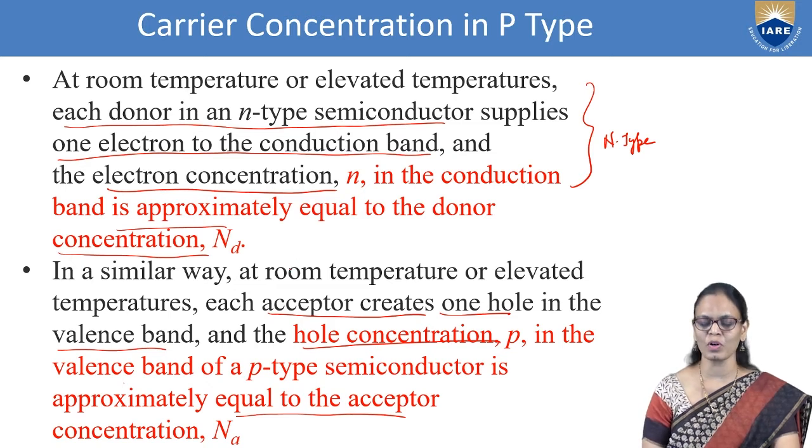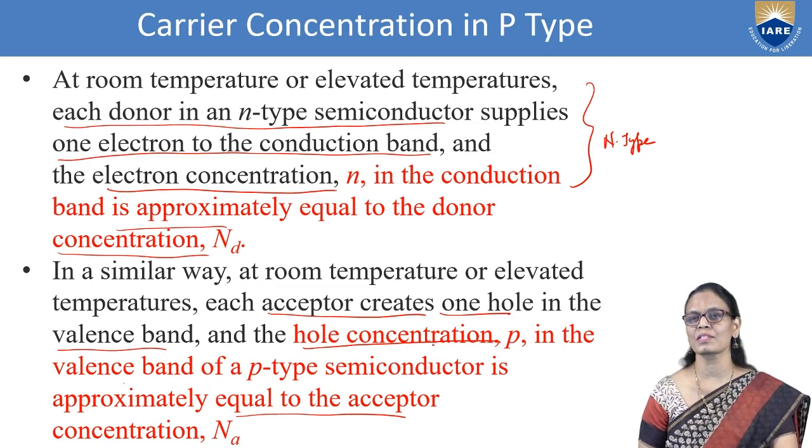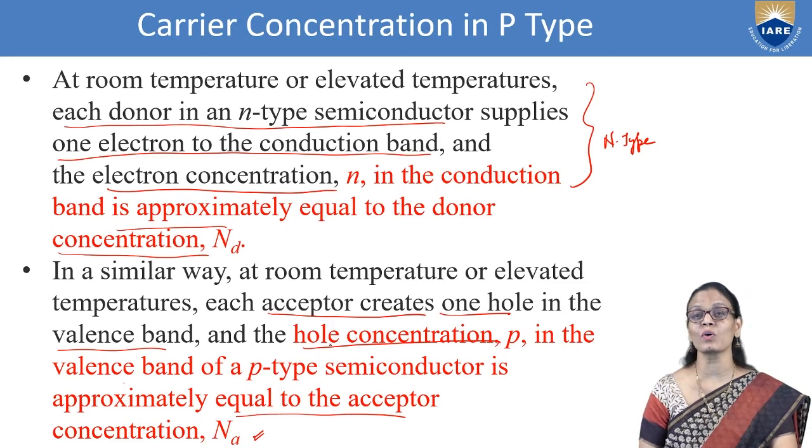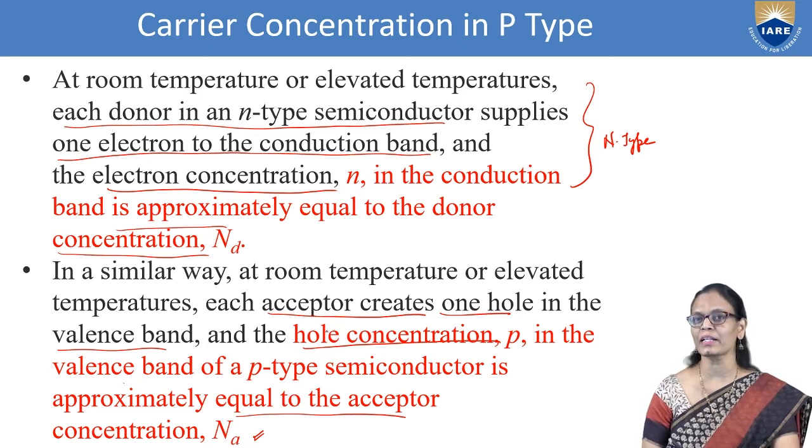So at low temperatures, the hole concentration p in the valence band is equal to the acceptor concentration Na. Our entire derivation is going to be based on this. Because of adding acceptor impurities, we are getting holes in the valence band and we are trying to calculate the carrier concentration of these holes in the valence band.